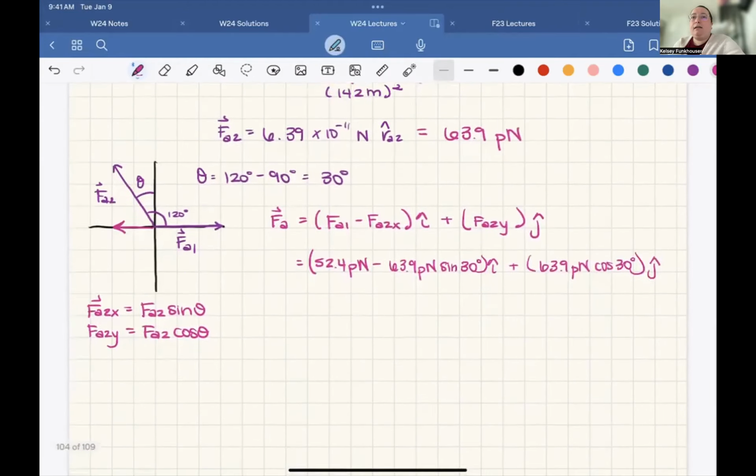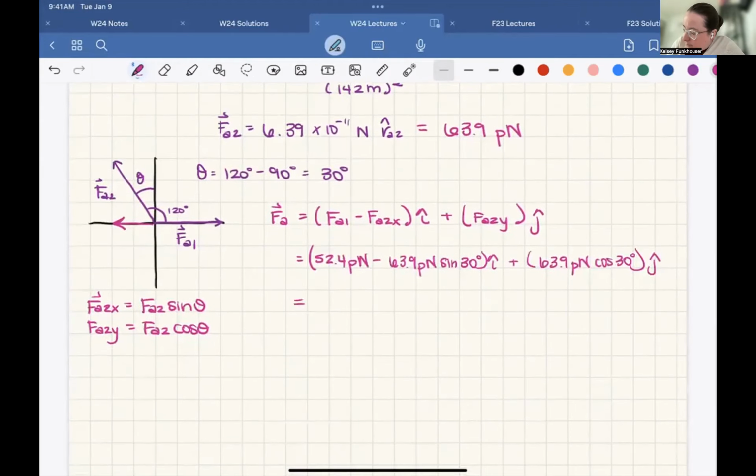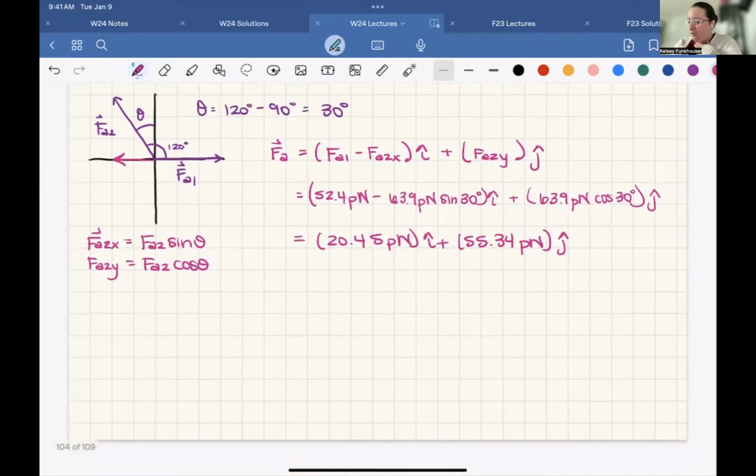So this gives us 20.45 piconewtons in I hat plus 55.34 piconewtons in J hat. But we want now from that to get the actual value of the overall vector.